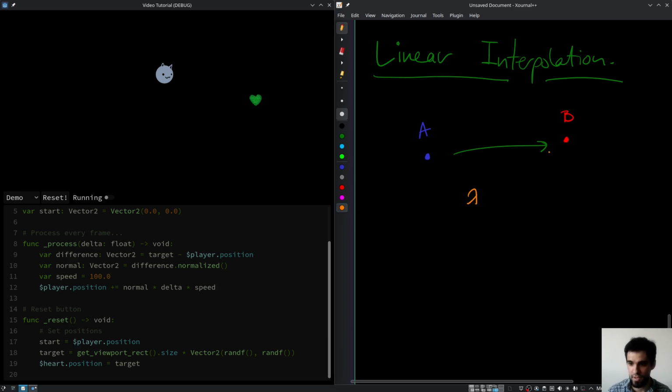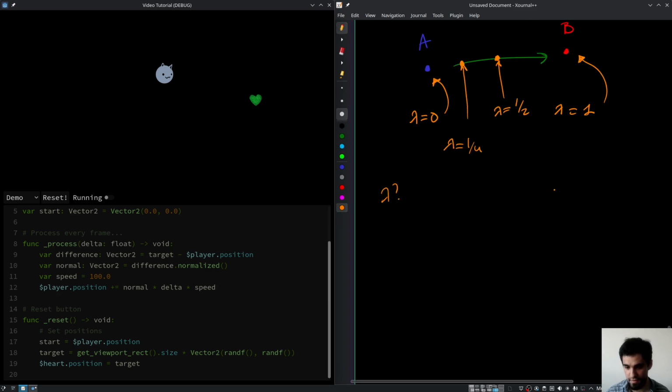We want it to be that when lambda is equal to 0, we are at A. When lambda is equal to 1, we are at B. When lambda is equal to a half, we're halfway between A and B, and so on. So for example, when lambda is equal to 1/4, we want it to be on the way from A to B. And so the first question is, how do we get lambda?